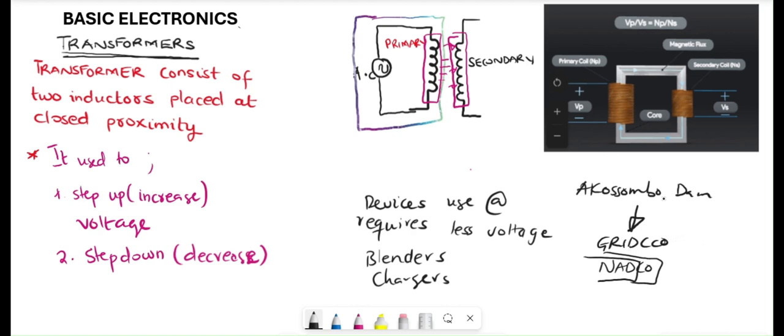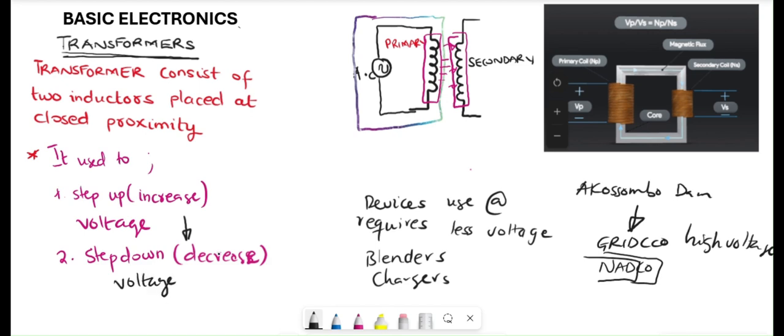Now, this power that is produced from Akosombo has high voltage. So you see in your areas, there are going to be transformers, right? Now, what is the essence of this transformer? Because your home cannot take a huge amount of voltage, the transformers are there to step it down. So in the Ghanaian context, most transformers work as step down, that is reducing or decreasing voltage.